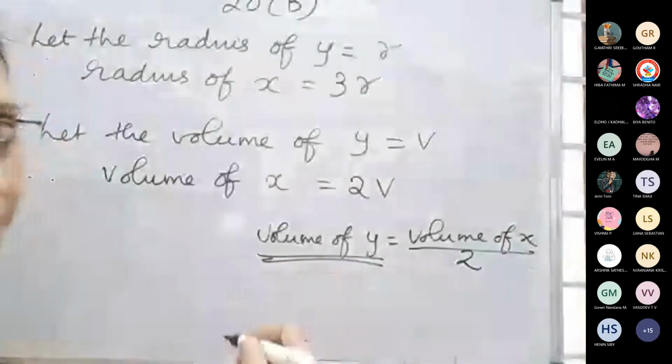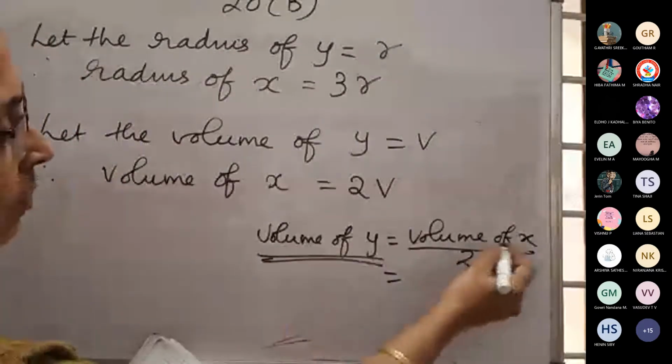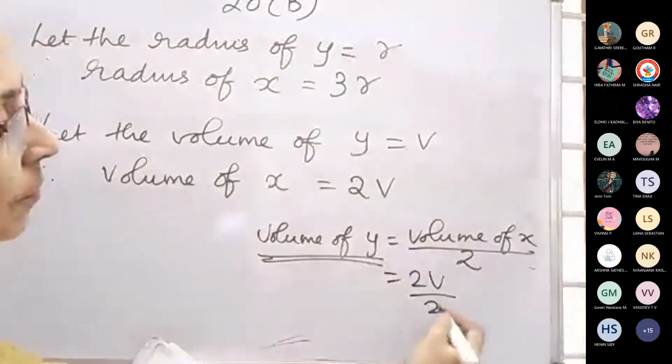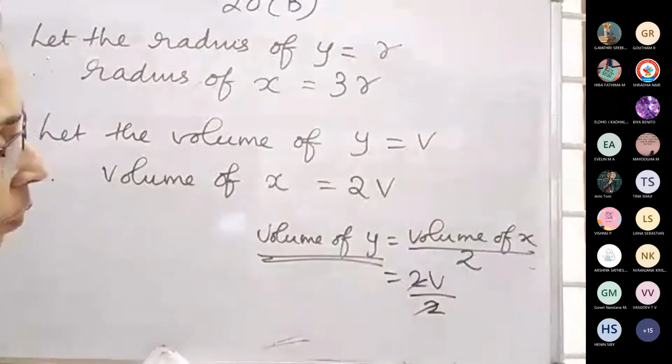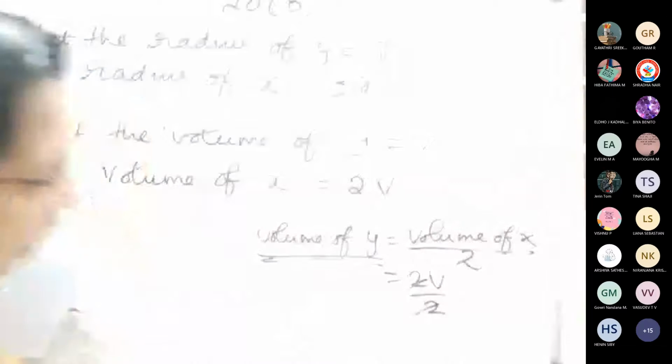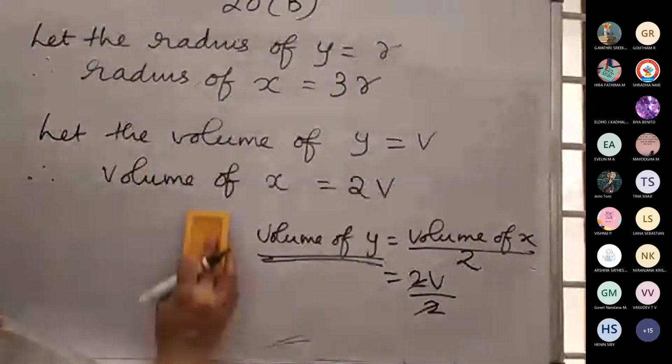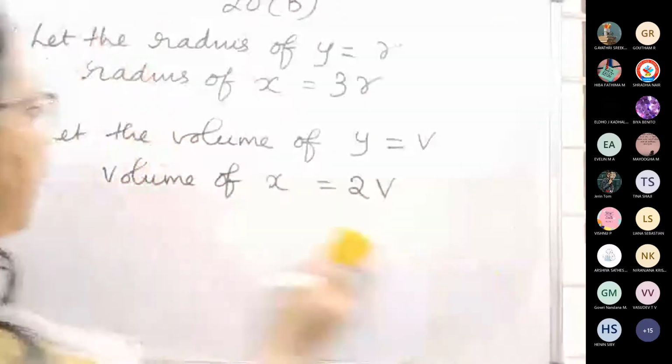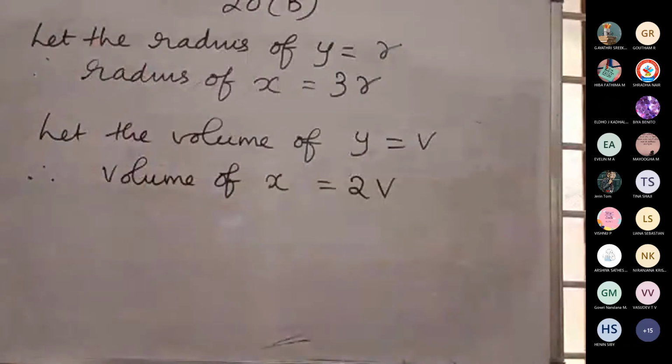Understood? So we can assume the volume of Y is V, then the volume of X is 2V.